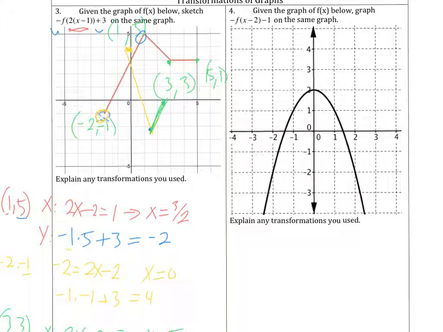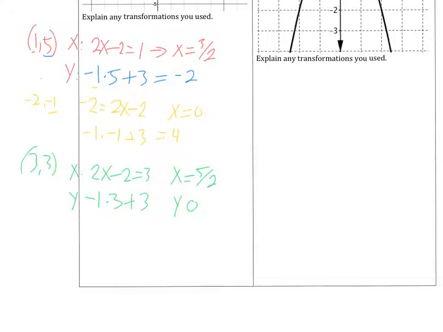Finally, I guess I'll do the last piece. We are looking at the point 5, 3. So 5, 3. The x would be 2x minus 2 is equal to 5. If I add 2, that's going to be 7.